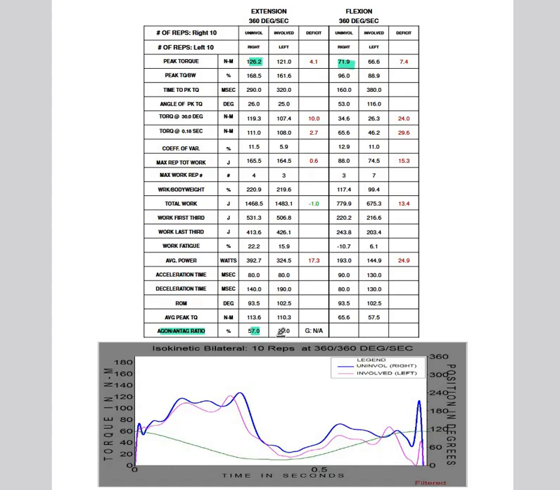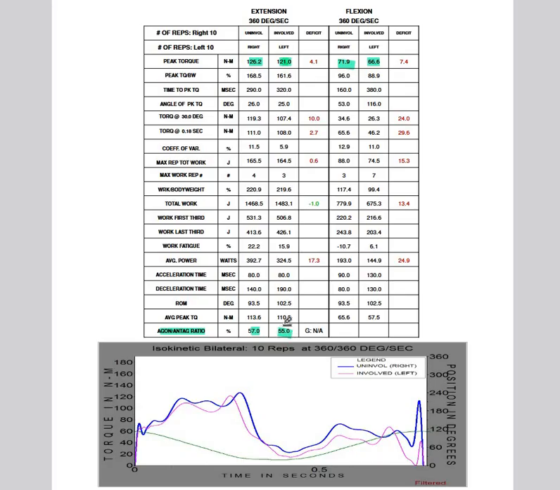So the value on the left-hand side would be calculated, so 55 here, by dividing 66.6 by 121 Newton meters that we have here. So this gives us our HQ ratio, or our agonist-antagonist ratios, for the left and right limb.